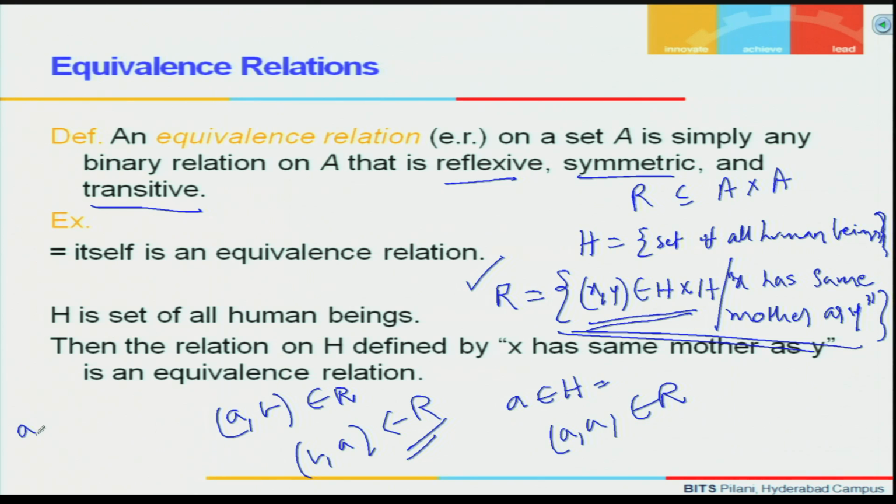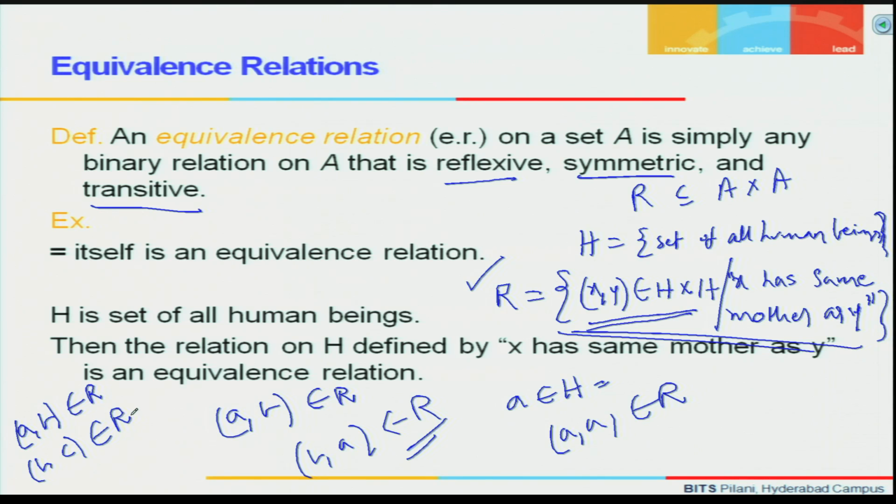Let us see how it is transitive. Suppose A comma B is in the relation R and B comma C is in the relation R, then we have to show A comma C is also there in the relation R. Then we can easily say that this relation is transitive.